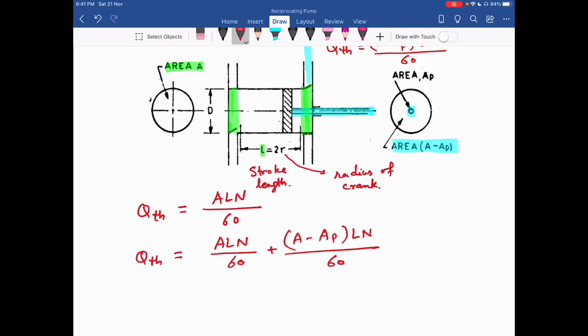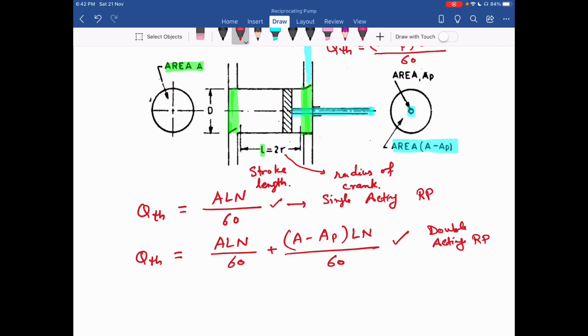So this is the formula for a double acting reciprocating pump, and the earlier one is the formula for a single acting reciprocating pump.